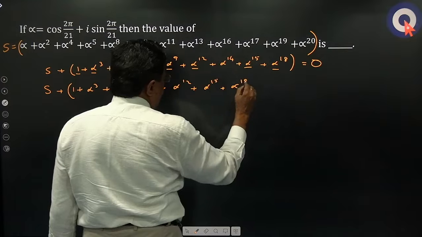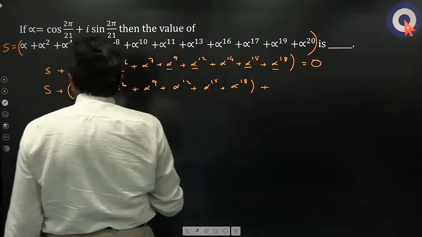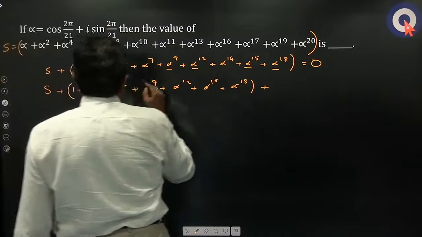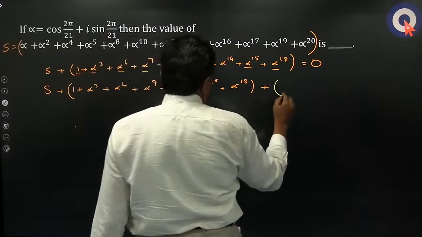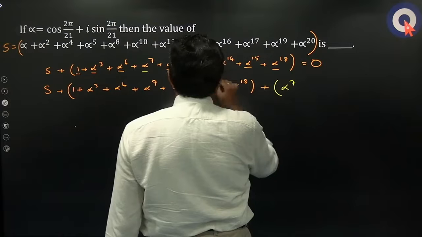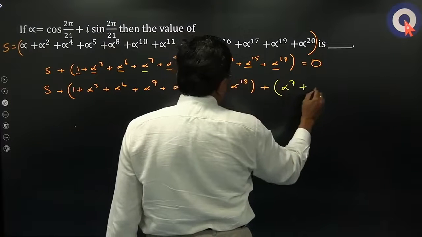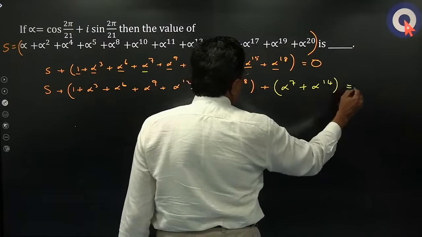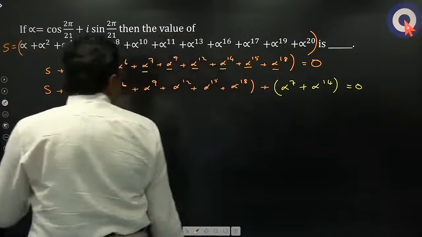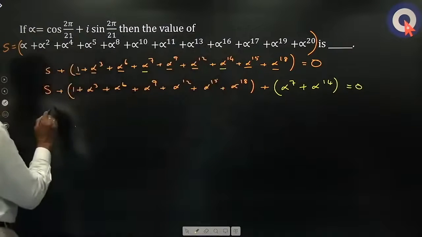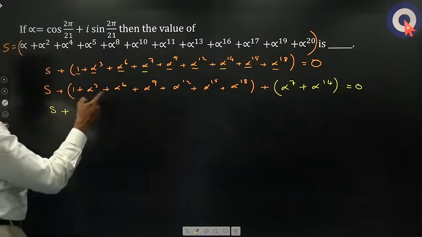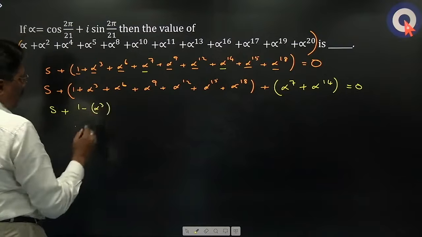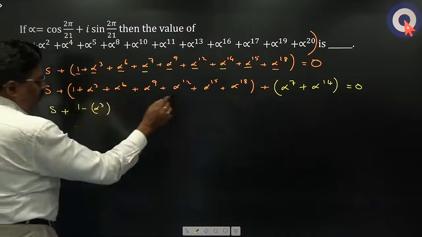This much I will take in one bracket, and these terms, alpha power 7 and here alpha power 14, we shall put them separately. So this is equal to 0 anyway because it is the sum of all the roots. We need S. So S plus, now this summation is 1 minus alpha cube to the power, see, the number of terms is 8.